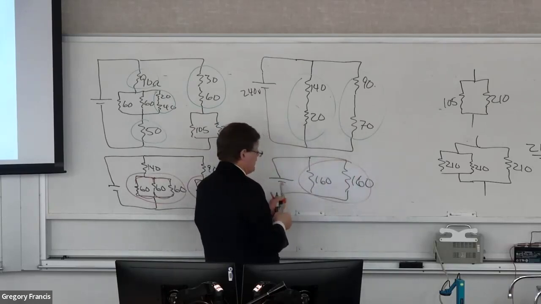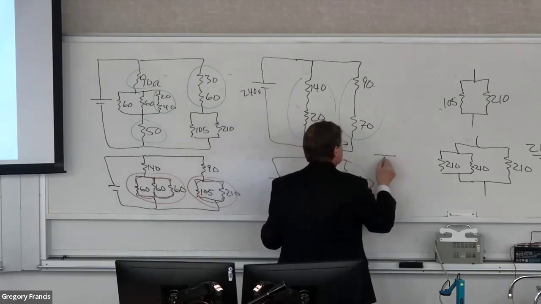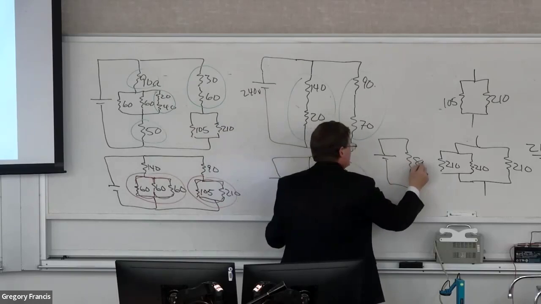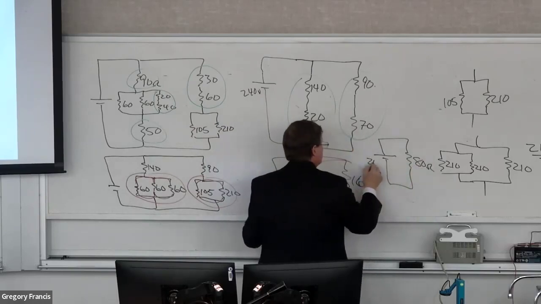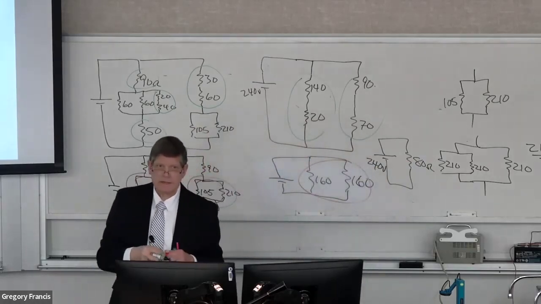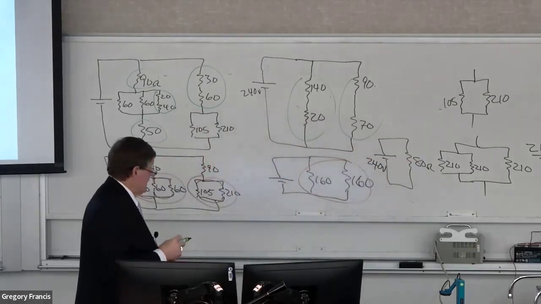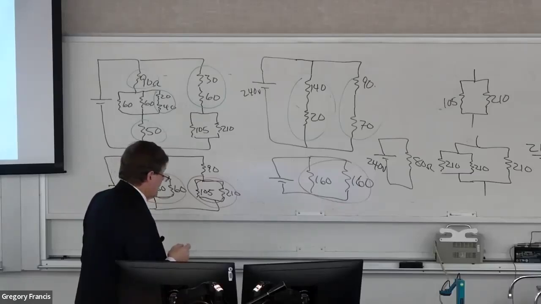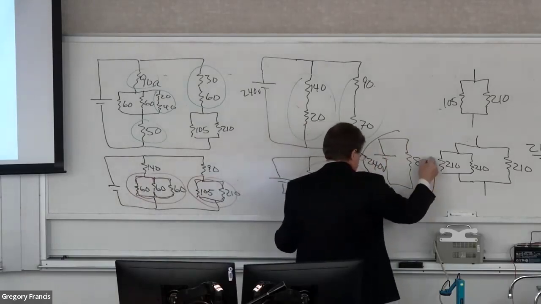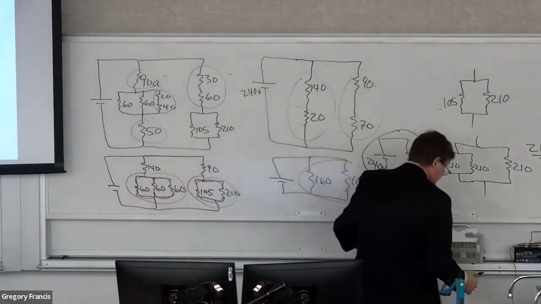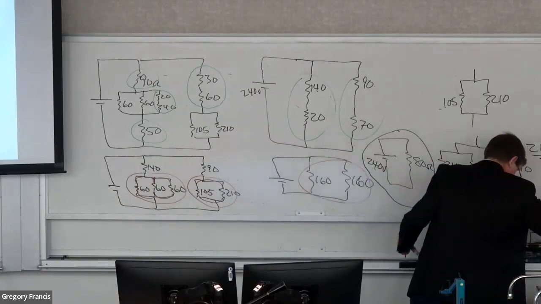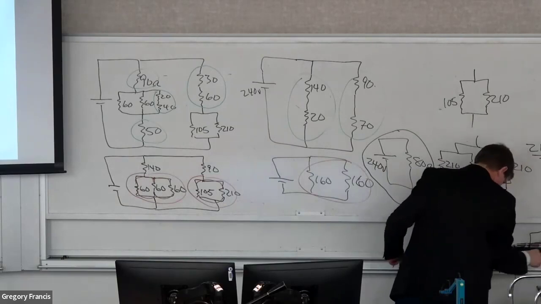And so the whole circuit boils down to this: one resistor that's 80 ohms and a battery that is 240 volts. Okay. And so if I use, okay, I don't want to yank that off.